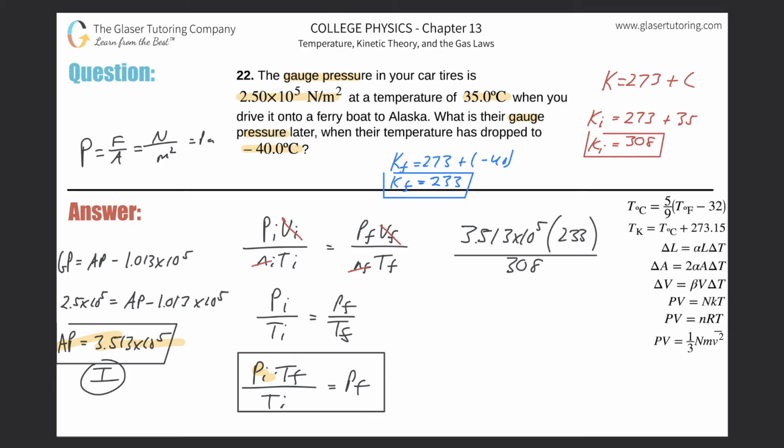So we have a value here that the final pressure is going to be equal to 2.66 or so, 3 sig figs, times 10 to the 5th. And that's again in pascals or in newtons per meter squared.